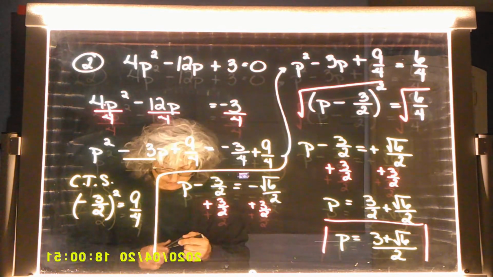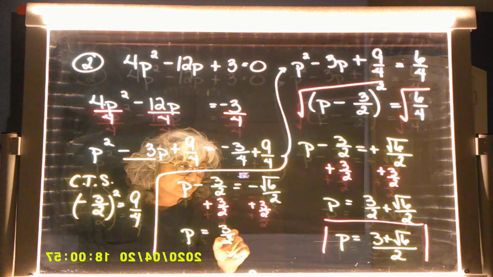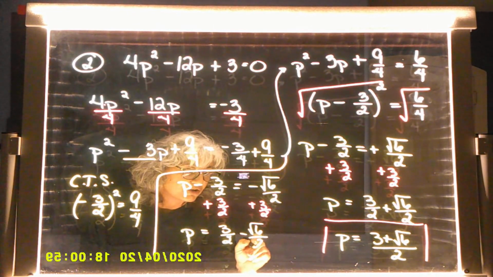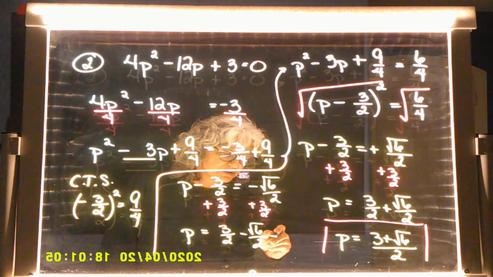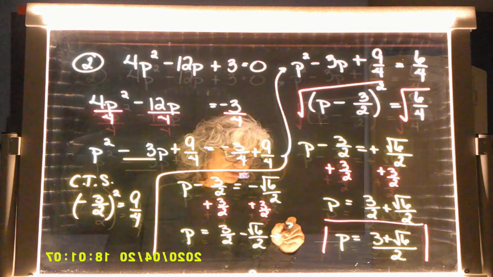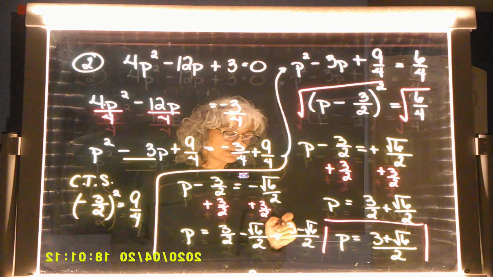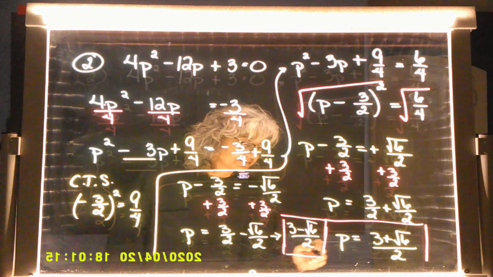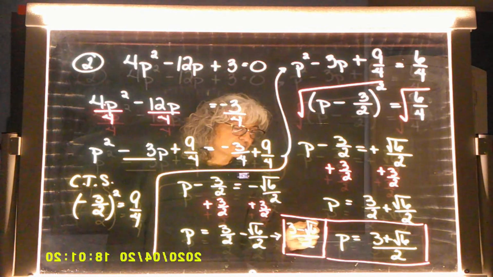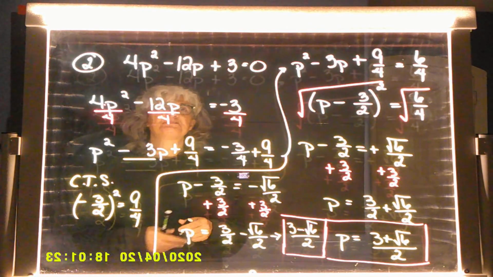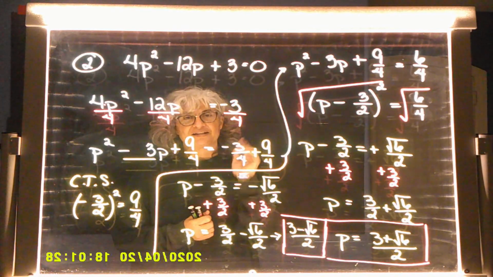So I have p equals positive 3 over 2 minus square root of 6 over 2, which they would write as one fraction also. So 3 minus square root of 6 all over 2. So here would be your second answer. 3 plus square root of 6 over 2 and 3 minus square root of 6 over 2. Good? You with me? Okay, you have fun with these, and I'll catch you on the flip side.